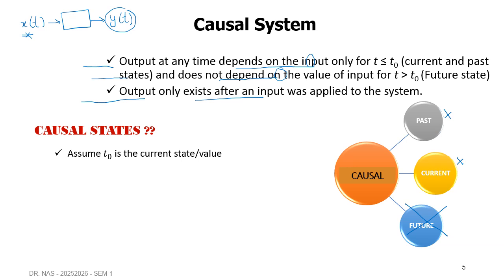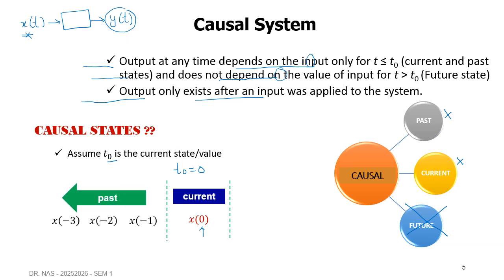To determine whether the system is causal or not, you need to identify a few components inside the equation. Assume the current state is t0. So your current state here, assume t0 equal to 0. So this is your t0, this is your current state.